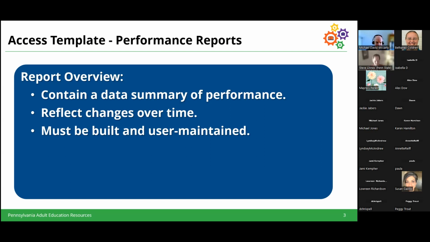That generally means who you've entered in the system, of those people, who has hours, of those with hours, who's enrolled, and some other metrics like post-testing percentages and gains from those post-tests. There are also corresponding reports specifically for family literacy.